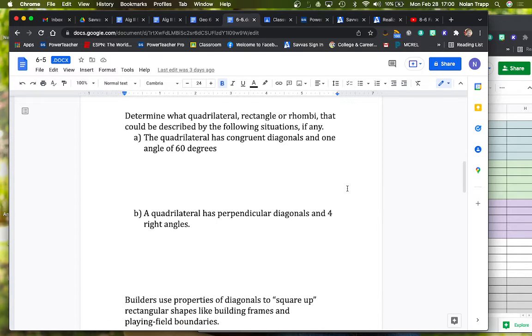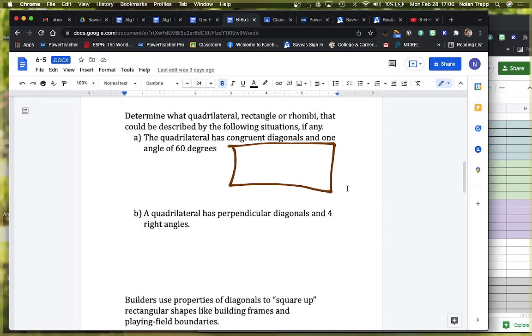Okay? Determine what quadrilateral, rectangle or rhombus, can be described by the following situation. So we know it has congruent diagonals, meaning this length is equal to this length, and one angle of 60 degrees. Okay? So if that full angle is 60, no, that can't be what that means.